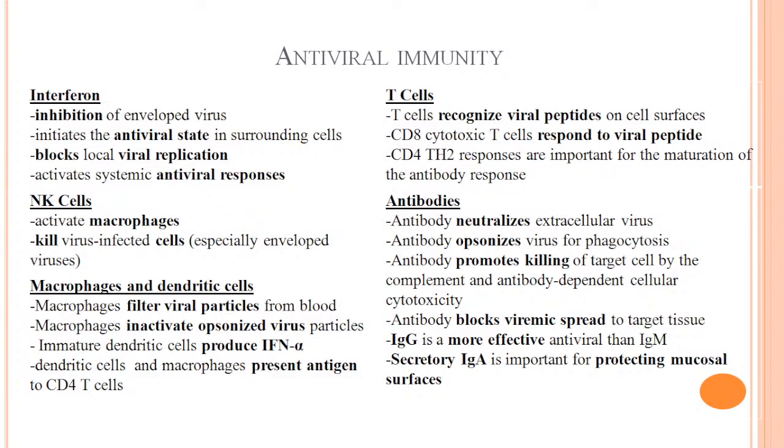The third immune mechanism of antiviral protection is macrophages and dendritic cells. It's also present in antibacterial immunity. Macrophages filter viral particles from blood. They also inactivate opsonized virus particles.